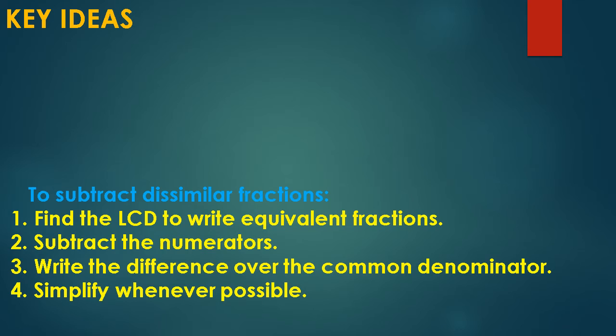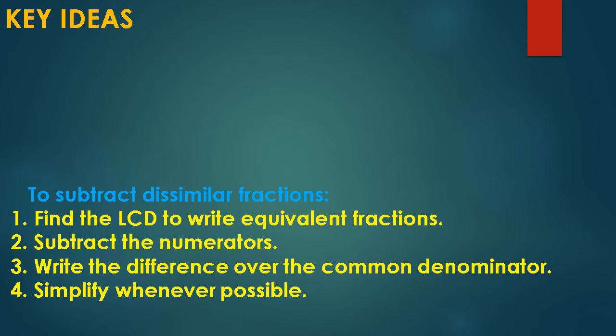Right. Key ideas to subtract dissimilar fractions. Number 1, find the LCD to write equivalent fractions. Number 2, subtract the numerators. Number 3, write the difference over the common denominator.